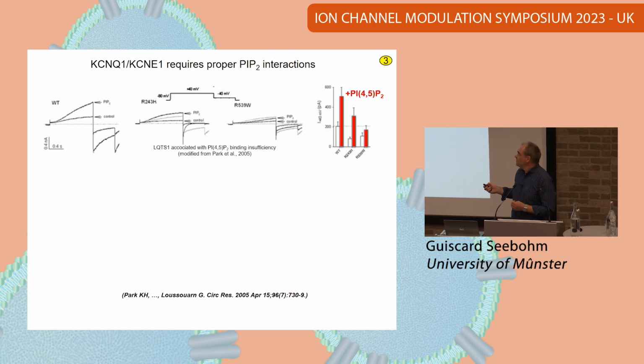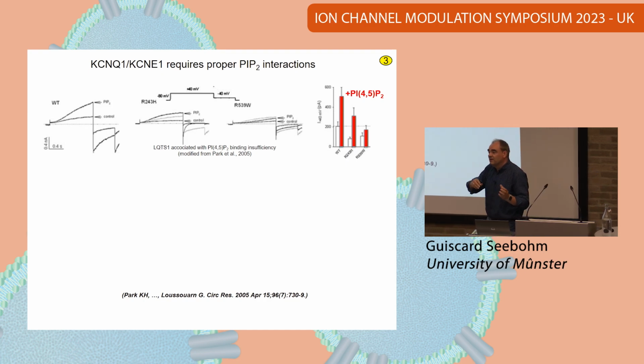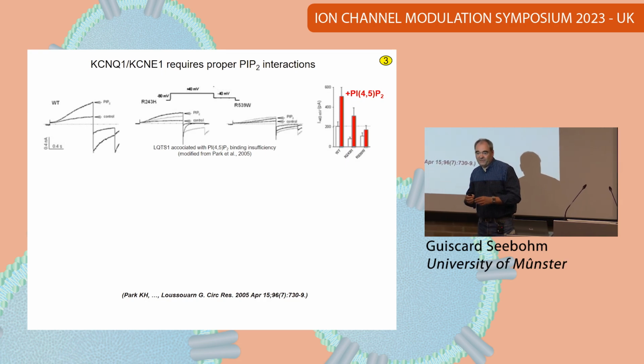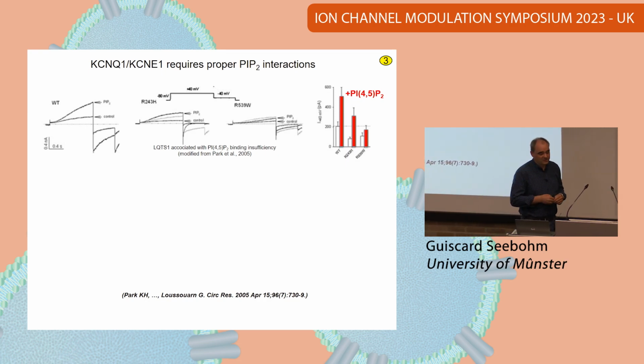So it was reported already in 2005, for example, by Park et al., that binding of PIP2, there we have the molecule again, we have heard about that yesterday already, that reduced binding of PIP2 is associated with loss of function in this channel, which causes some of the phenotypes associated with long QT syndrome 1.